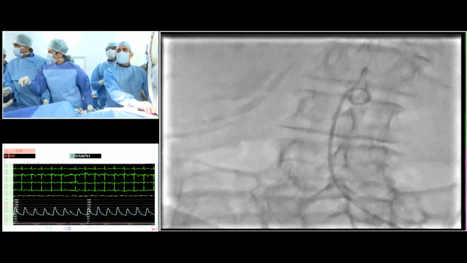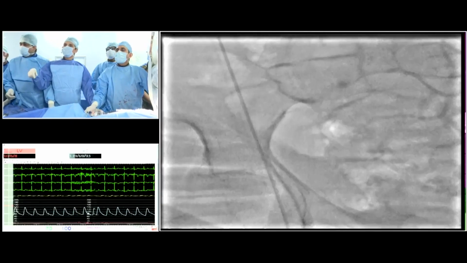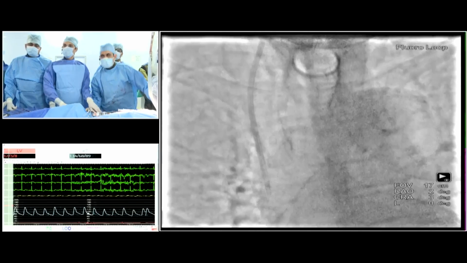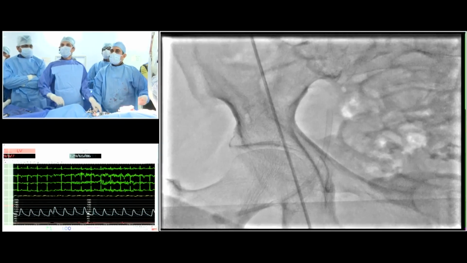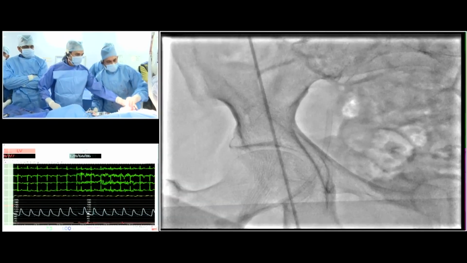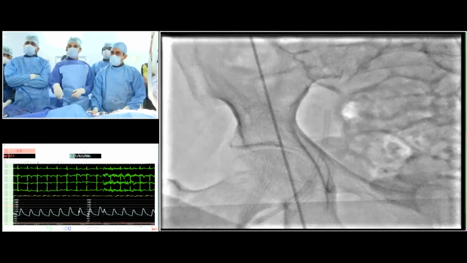And I think that is what will make a difference in adoption worldwide. You know what I'm saying? I think that would be helpful. I agree. As we are moving to the young age, we need to have the durability data on these TAVI valves.